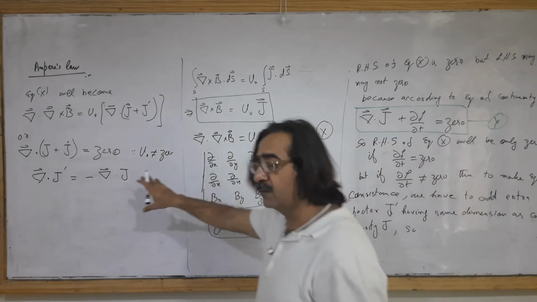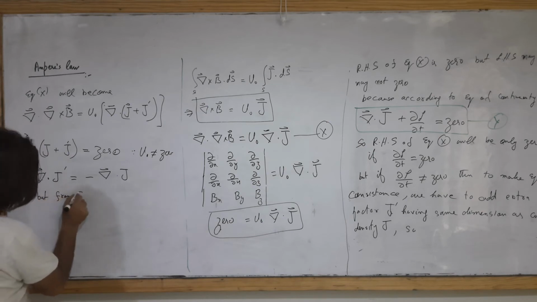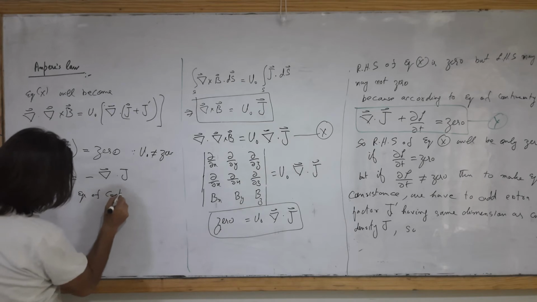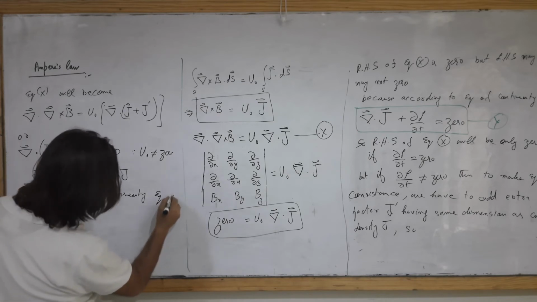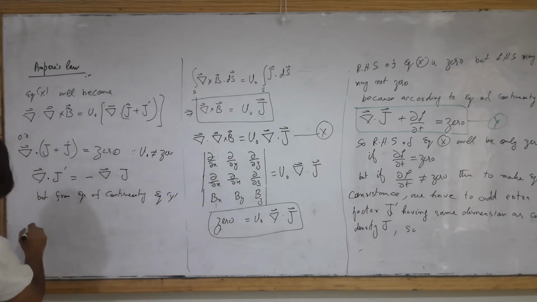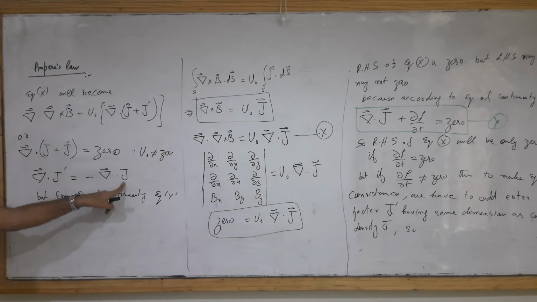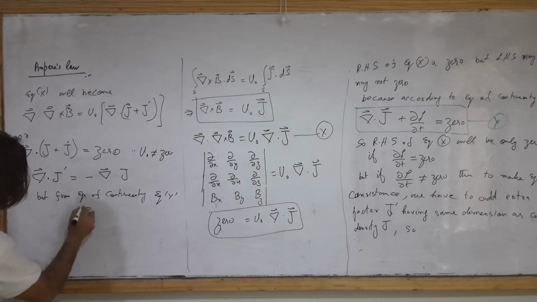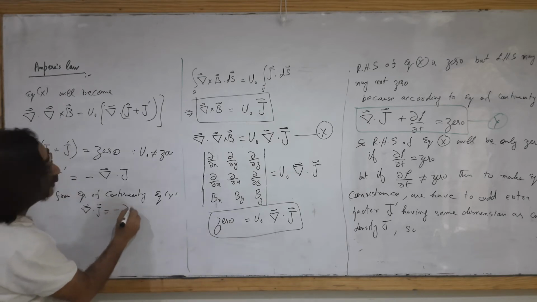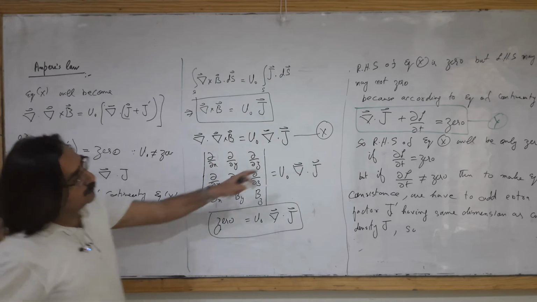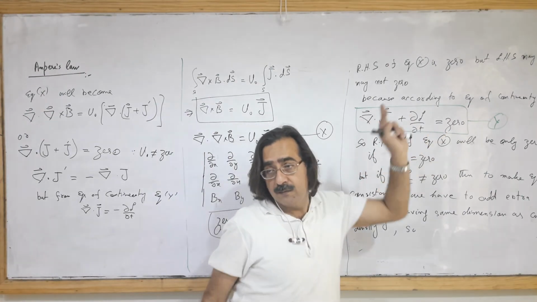Yes, so far this is fine. But from the equation of continuity, equation Y, putting the value of del dot J, del dot J is equal to minus partial rho over partial t.